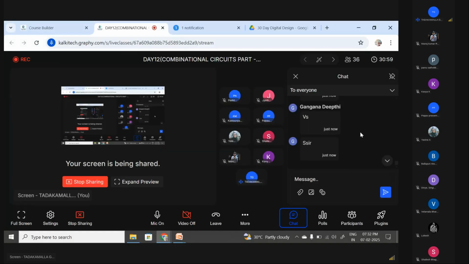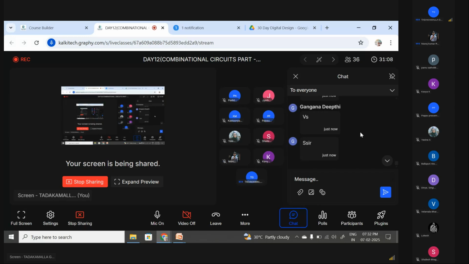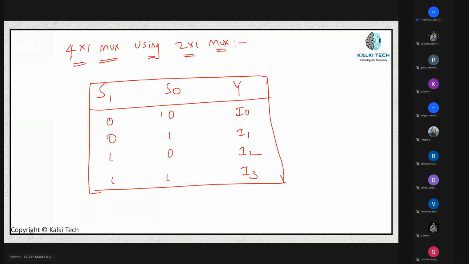Can anyone observe any pattern? No one? S1 will be 0 0 and 1 1, and S0 will be toggling like 0 1 0 1. Yes, very good.